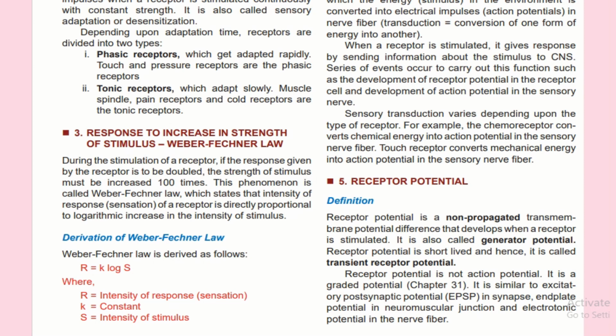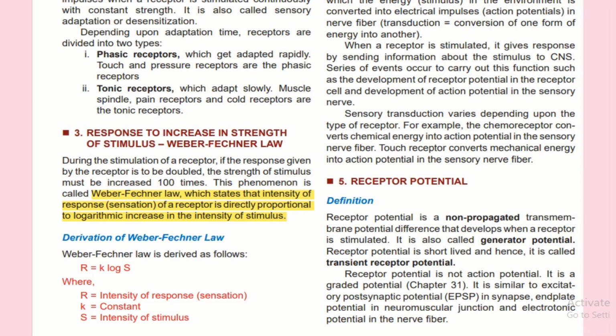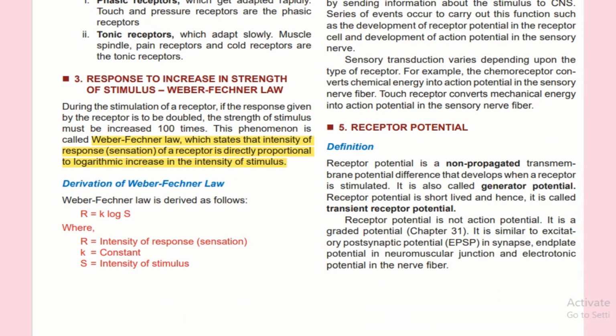This phenomenon is called Weber-Fechner law, which states that intensity of response of a receptor is directly proportional to the logarithm of the increase in the intensity of stimulus. So the formula of the Weber-Fechner law is R = K log S, where R stands for intensity of response or sensation, K is a constant, and S is the intensity of stimulation.